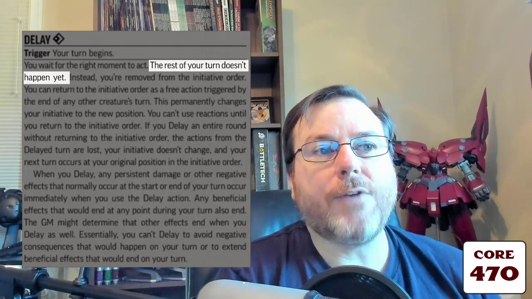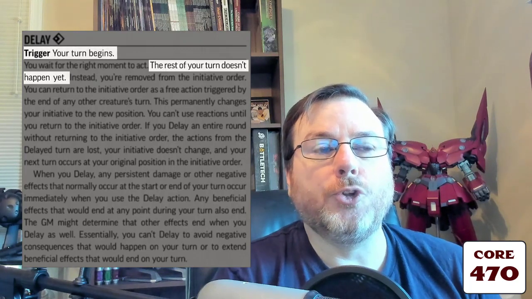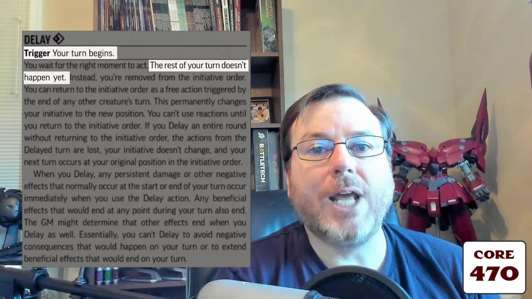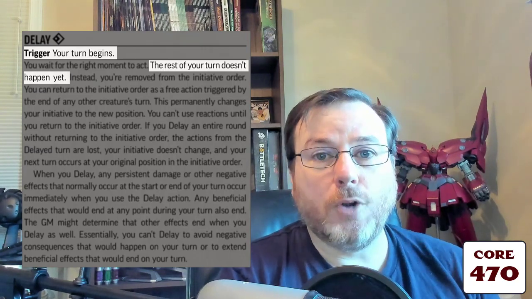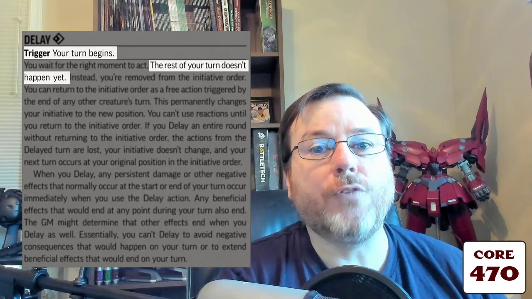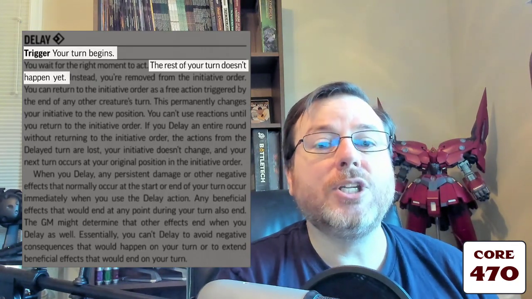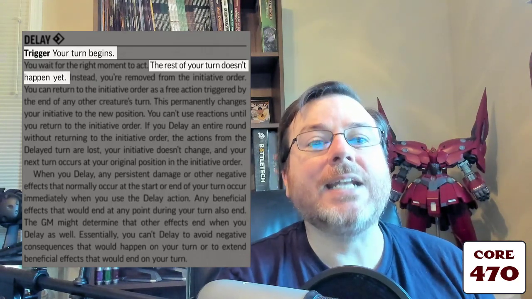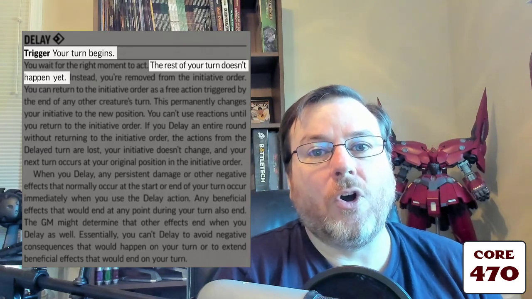When you see that phrase about the rest of your turn doesn't happen yet, it's referring to the trigger. The trigger for delay is your turn begins. So your turn begins, and everything that is associated with the start of your turn happens. Then you can spend a free action to say you're delaying, and at that point, the rest of your turn occurs later on.